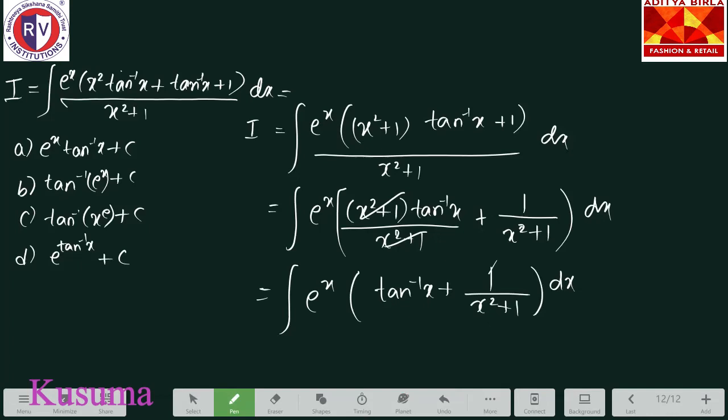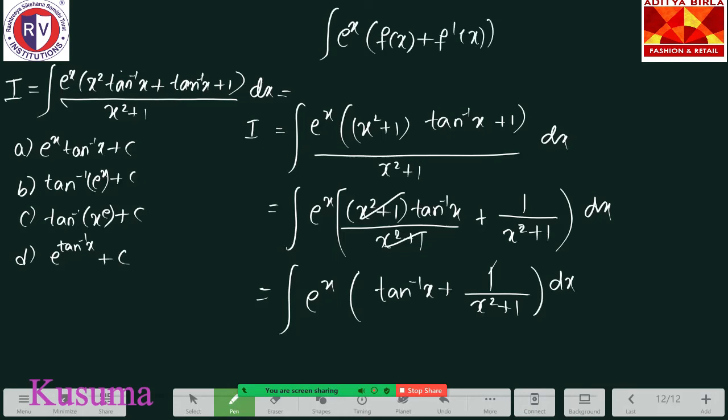Yes, ma'am. So once again, this is of the form integration e to the power of x into f of x plus f dash of x into dx. Right? It is in the form e to the power of x into f of x plus f dash of x into dx. Which one should we consider as f of x here? tan inverse x.